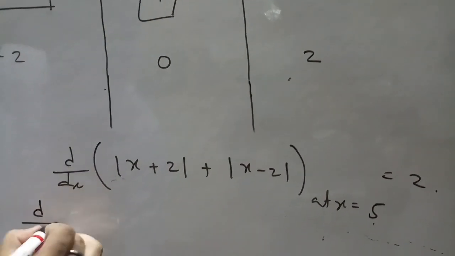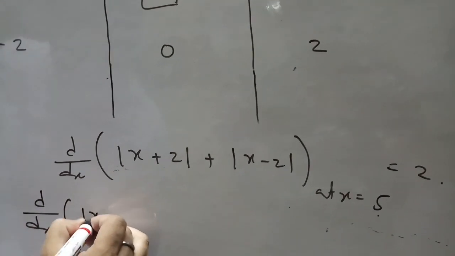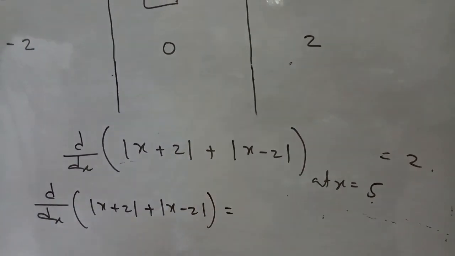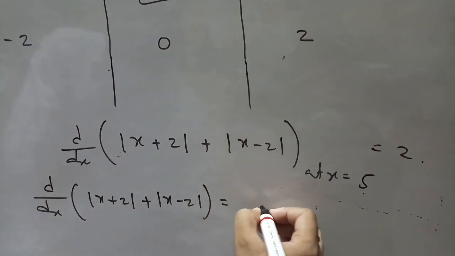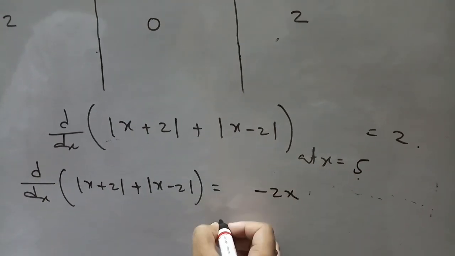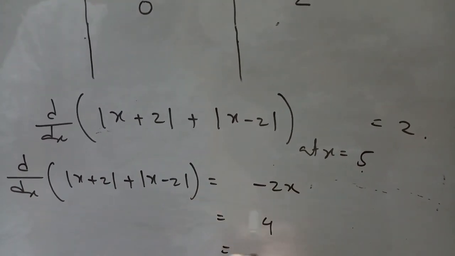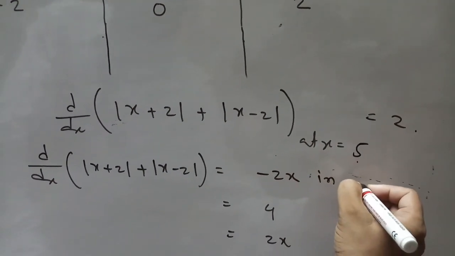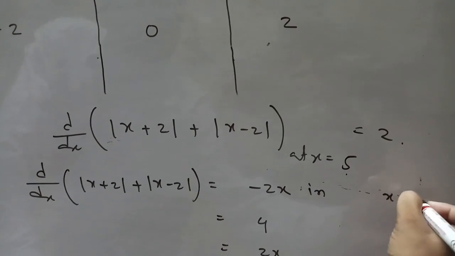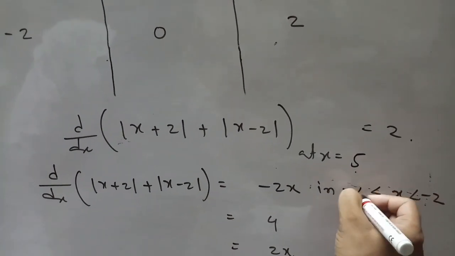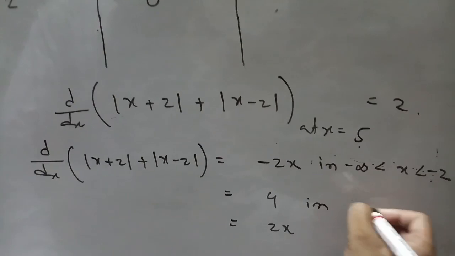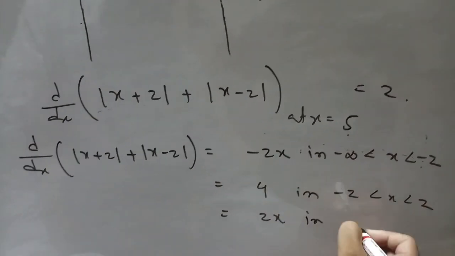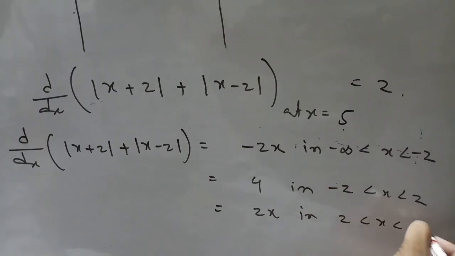In general, the function is minus 2x when x is less than minus 2, 4 when minus 2 is less than x less than 2, and 2x when 2 is less than x less than infinity.